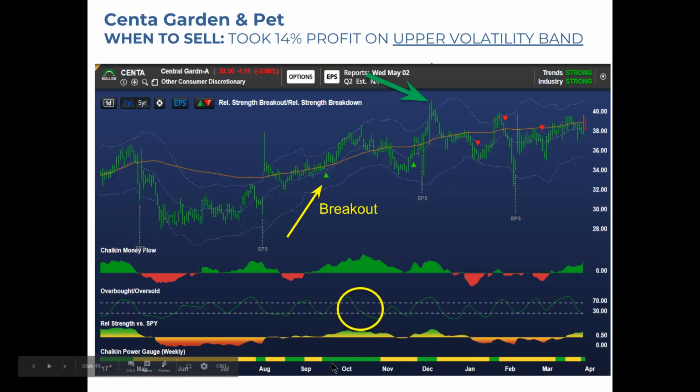Everything else was lining up. I watched it go up, and I looked at what they did when they reported earnings. And you can see our earnings component here is telling us this stock is now going to be reporting May 2nd. But at the time I bought it, it told me that it was going to be reporting, I think it was 12/4, 11/29, something like that, end of November.